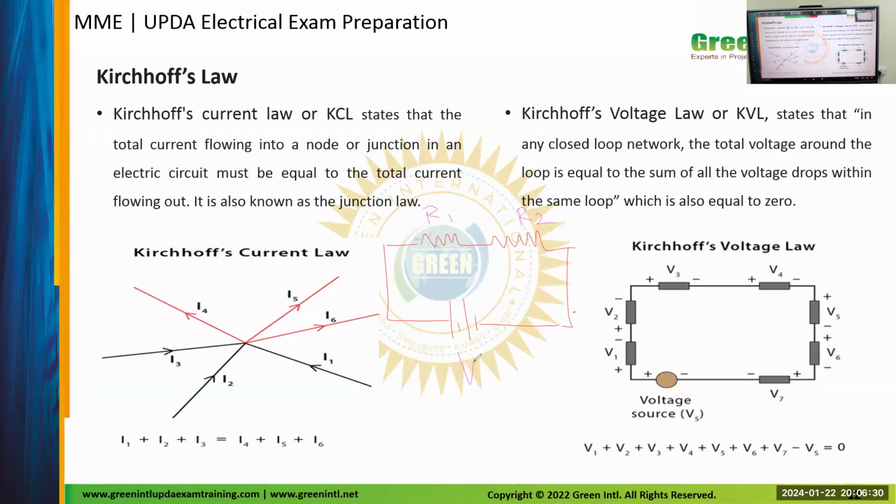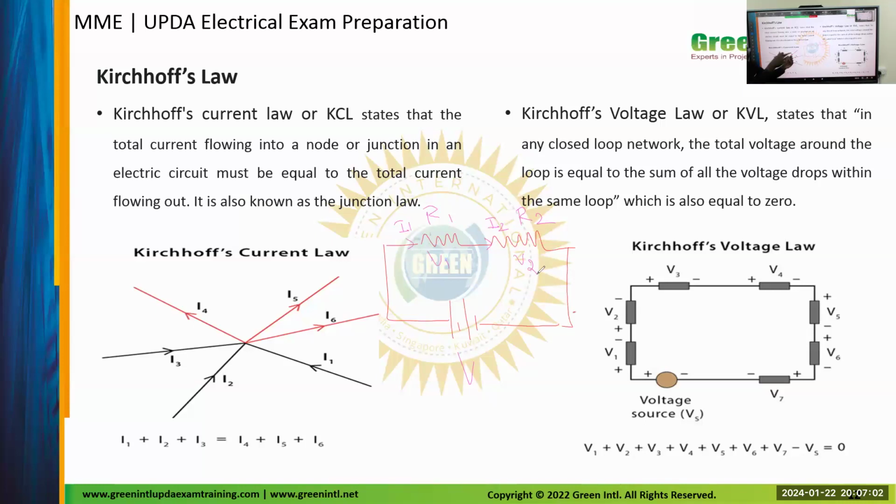It takes some current. Resistance R1 takes the current I1, resistance R2 takes the current I2. Using Ohm's law, which we just studied, I equals V by R, or V equals I into R. So V1 equals I1 into R1, and V2 equals I2 into R2. This is by using Ohm's law.